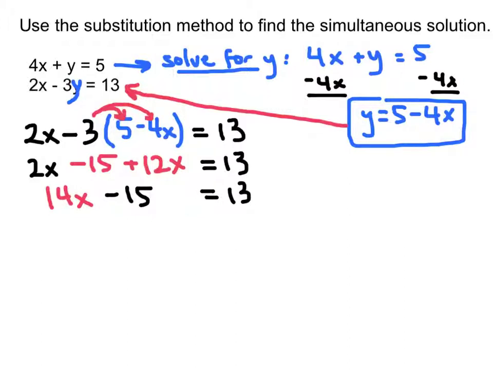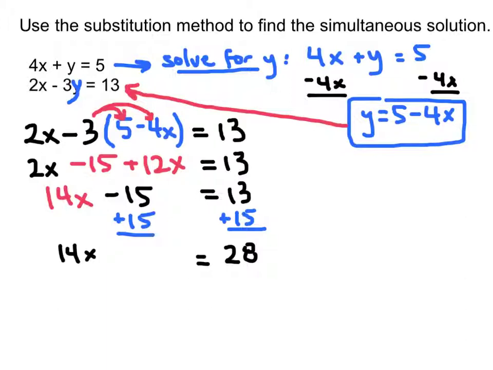So from here, we're going to add 15 to both sides to isolate that 14x term. So here we will get 14x equals 28.